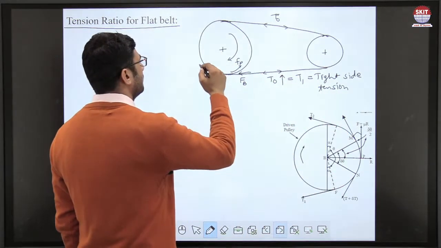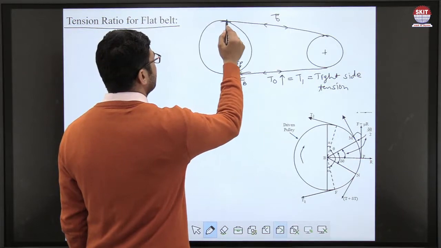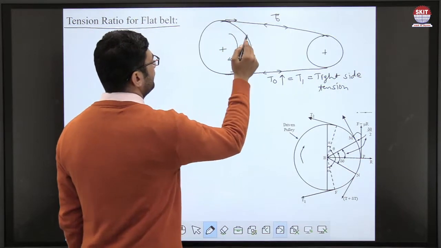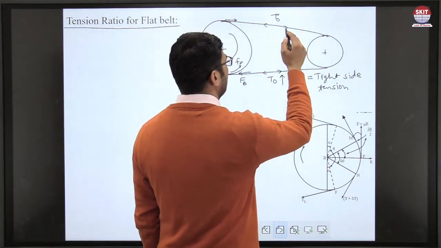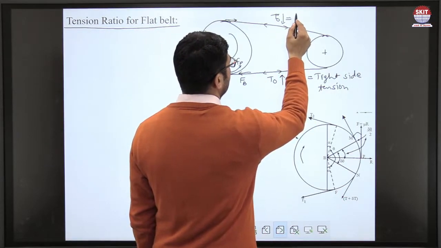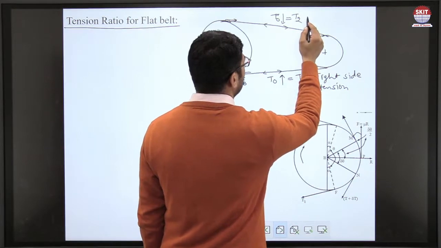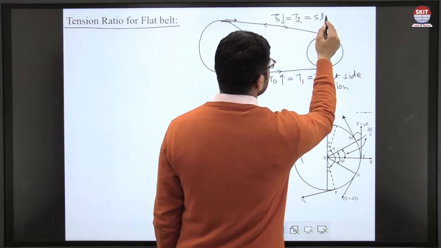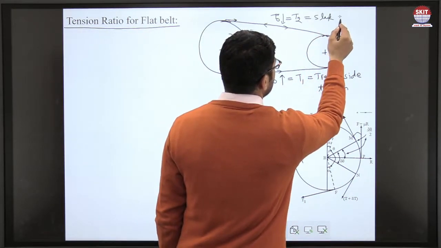When this belt moves in this direction, the tension of the belt on that side decreases, and it is equal to T2, which is known as the slack side tension.